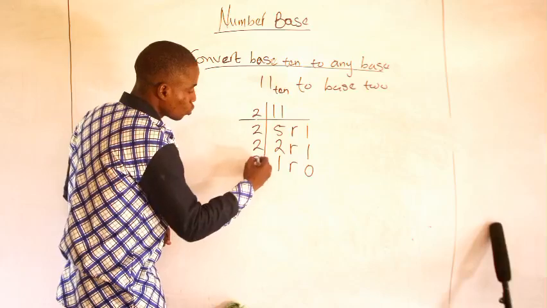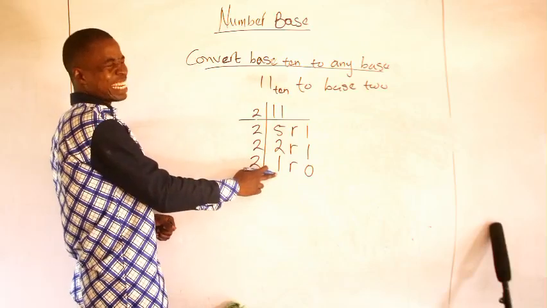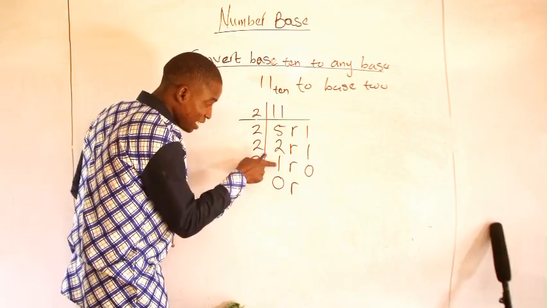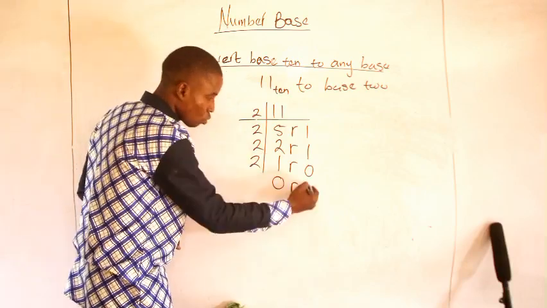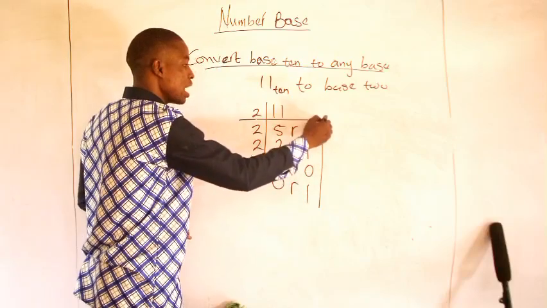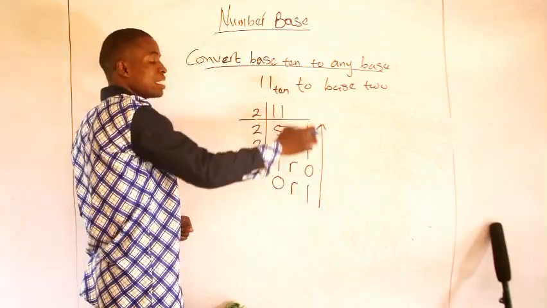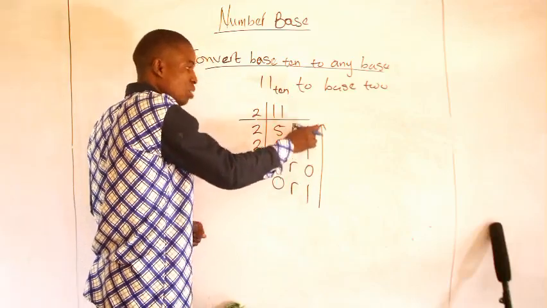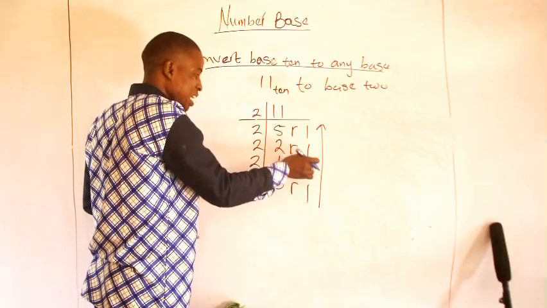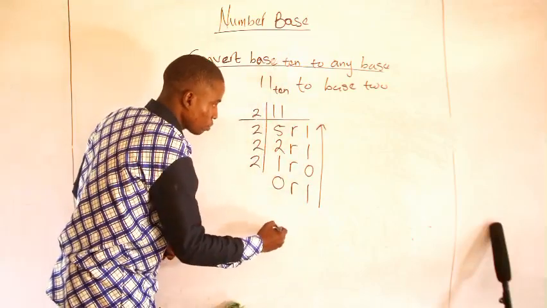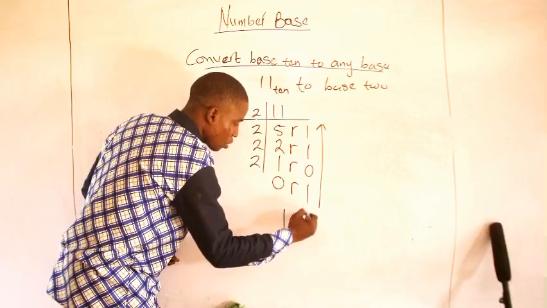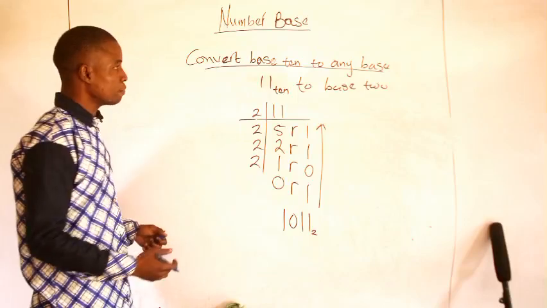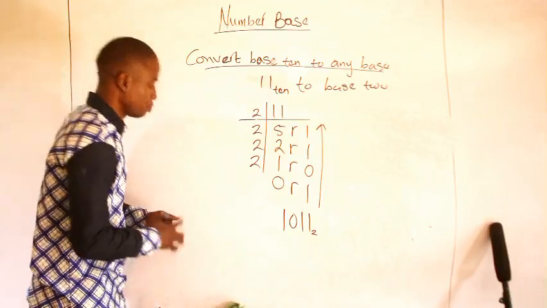Now, 2 divided by 1 is not possible, so you write 0, remainder 1. Now trace your arrow from down to up. You write it from down: 1, 0, 1, 1. Base 2. You have converted. Very simple as ABC.